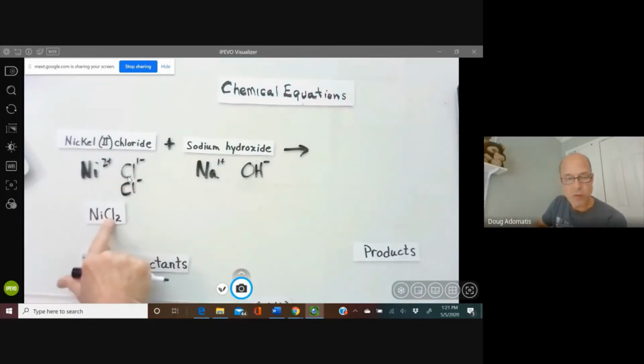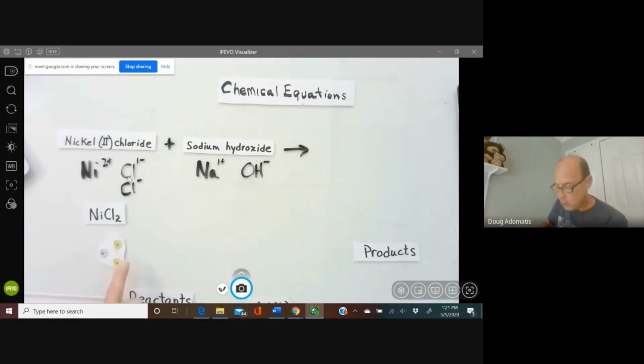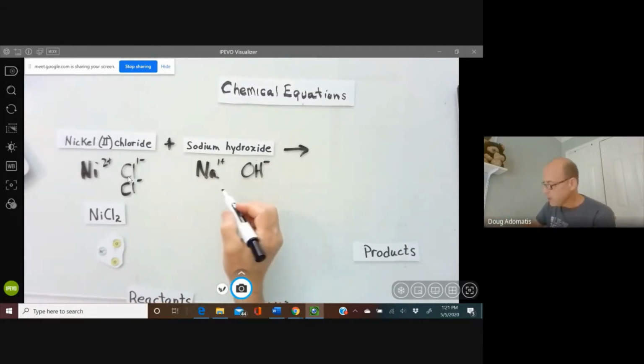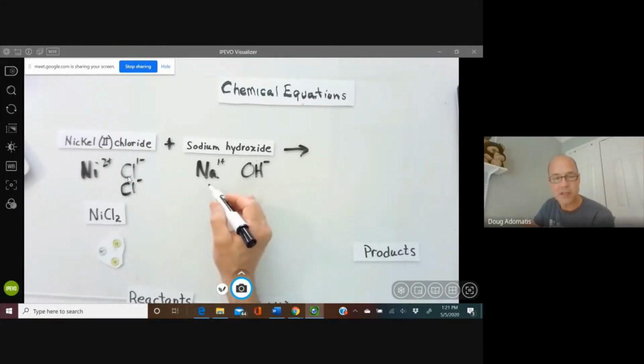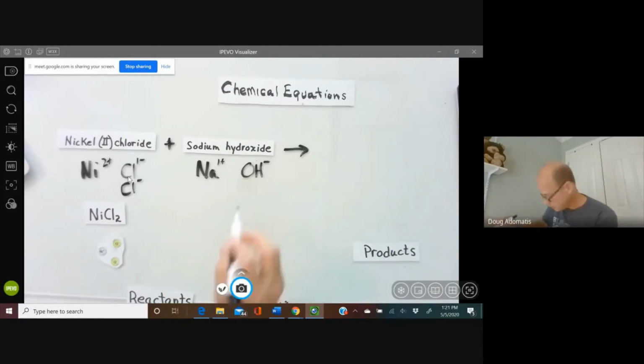And then we could actually write our equation as NiCl2, right? The 2 subscript on chlorine means that you've got to have 2 of those particles. So here's pictorially what that would look like, right? Okay, now the formula for sodium hydroxide, well, that looks like a match made in heaven, doesn't it? Because the sodium has a 1+ oxidation number, and the hydroxide ion has a 1- number.